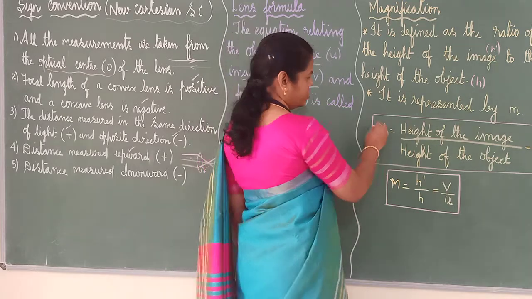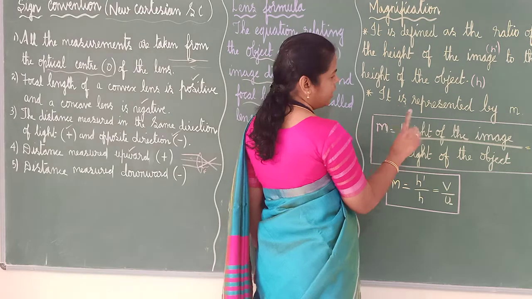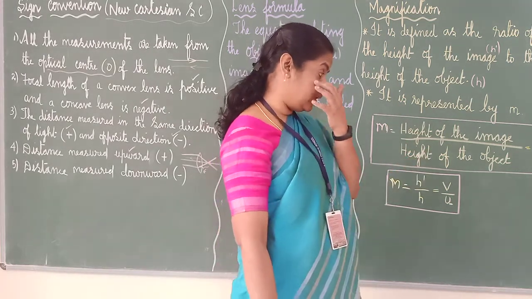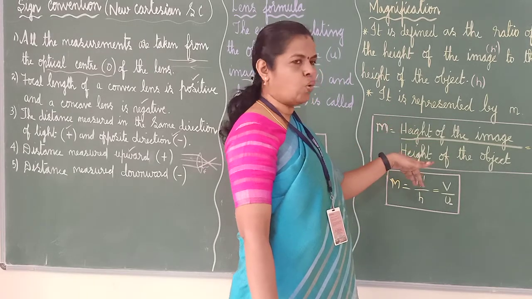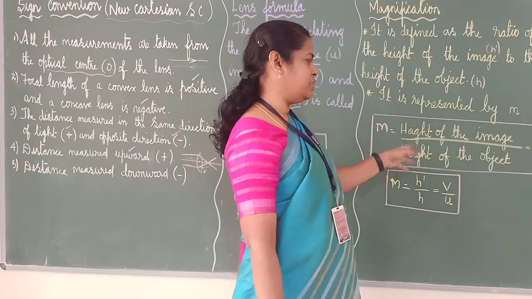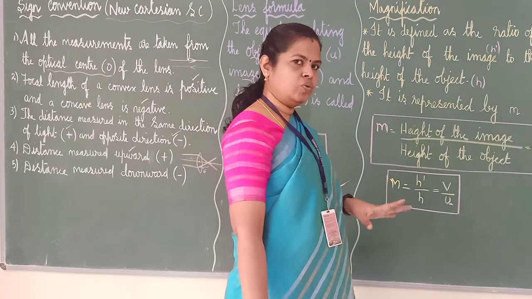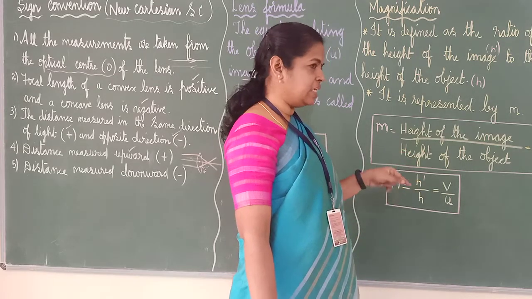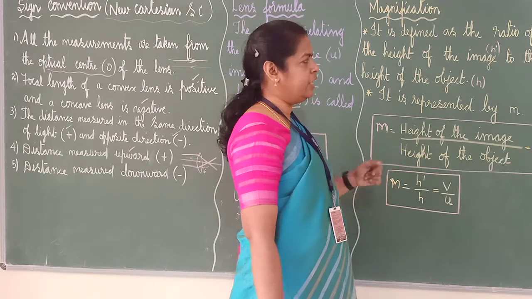So small m is equal to the height of the image by the height of the object. Sometimes you write object by image. Don't write like that. Image by object, so h dash by h. In mirror we studied h dash by h is equal to minus v by u; in lens it is v by u.